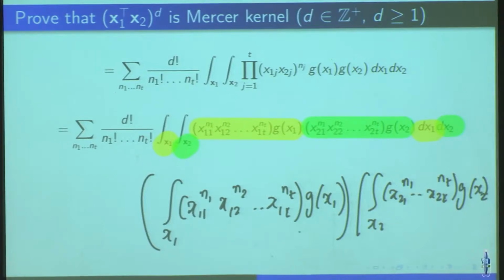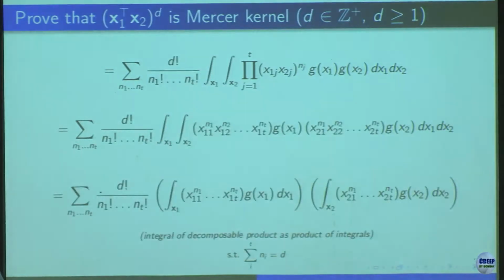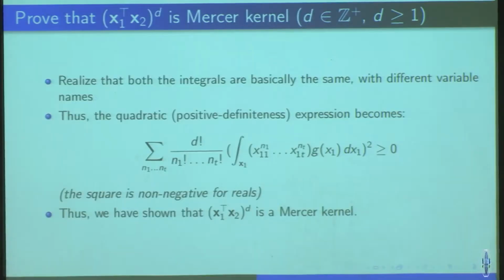Of course there's a dx1 here and a dx2 here. And this is nothing but the square of the same integral. Okay, so this is what it turns out to be. This entire complex thing turns out to be this much simplified expression.